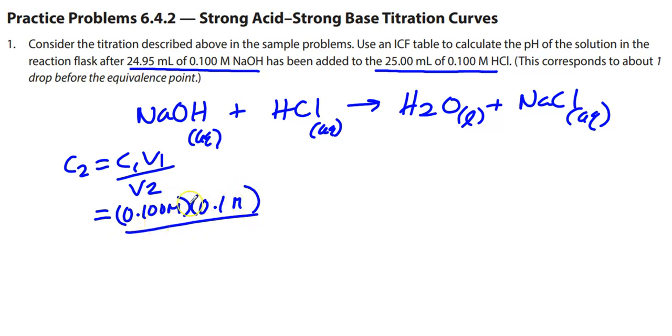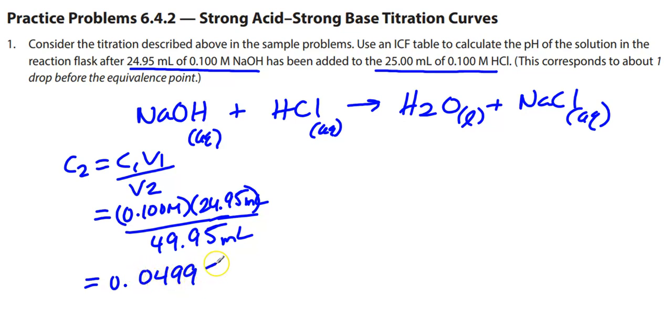So the volume here is 49.95. Oh, I put this as, sorry, doing the wrong thing here. 24.95 mL, and then the added volume. So this is 0.04995 moles per liter for our base.